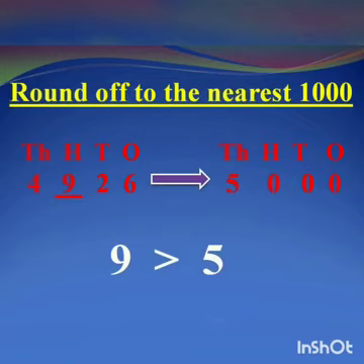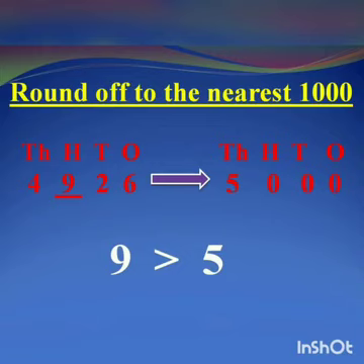Now we will solve an example related to it. Here the number is 4926. As it is clear, number 6 is at ones place, 2 is at tens place, number 9 is at hundreds place and number 4 is at thousands place. To round off this number, we have to compare the right side digit of thousands place with number 5.